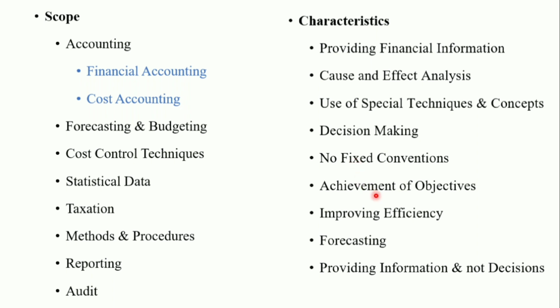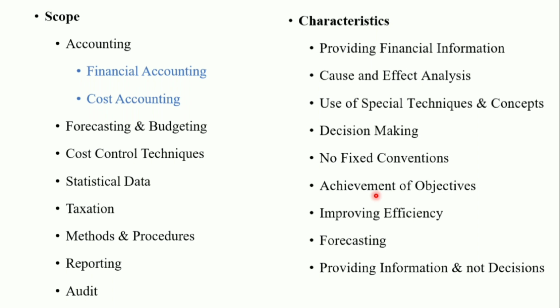Achievement of objectives. Management accounting is useful in realizing the enterprise objectives. Based on the historical information and with adjustment for the prediction of future changes, objectives are laid down and actual performance is recorded, and comparison of actual with predetermined result is made.